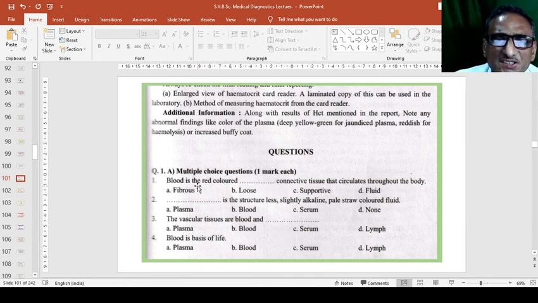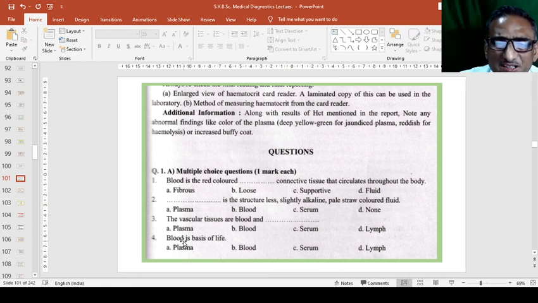So blood is the red colored dash dash connective tissue. It is a fluid connective tissue that circulates throughout the body. Dash dash is the structureless, slightly alkaline, pale straw colored fluid. So plasma is the structureless, slightly alkaline, pale straw colored fluid.